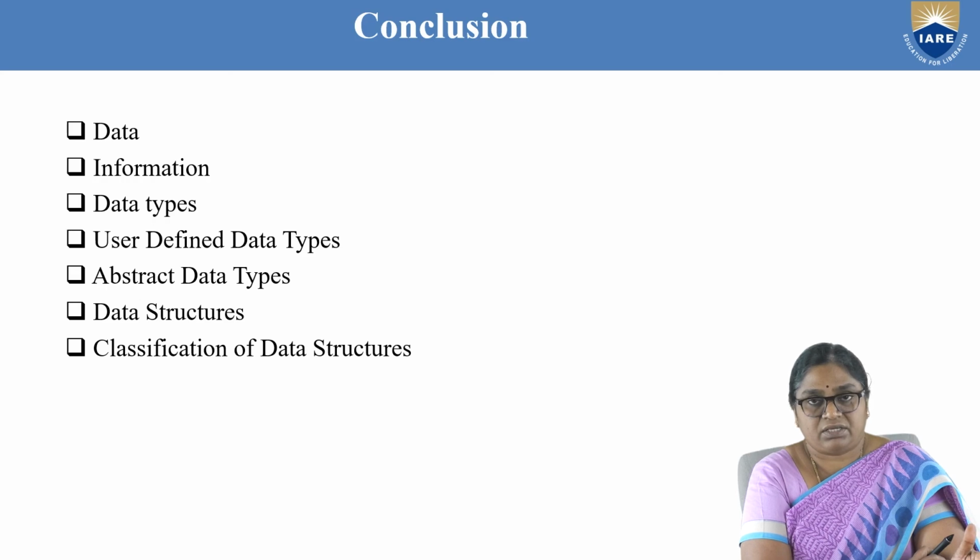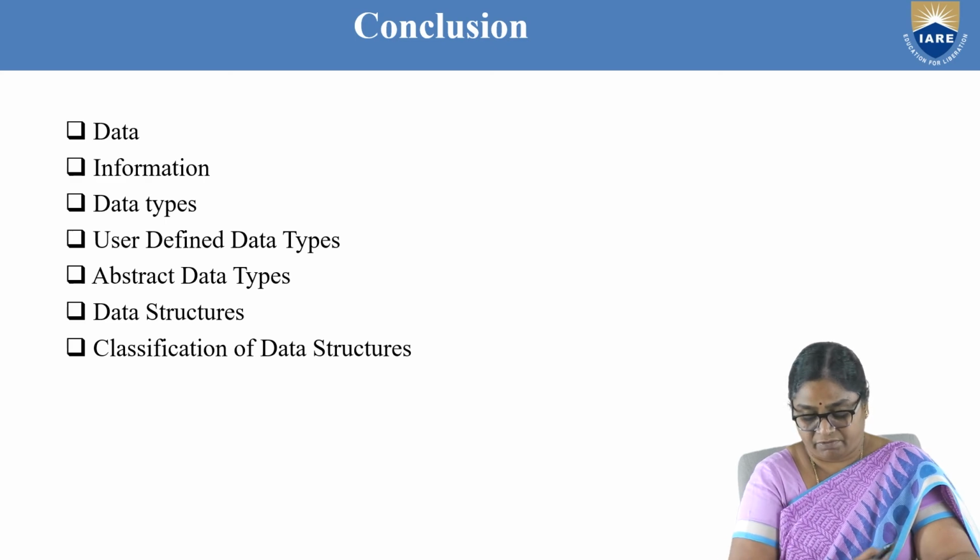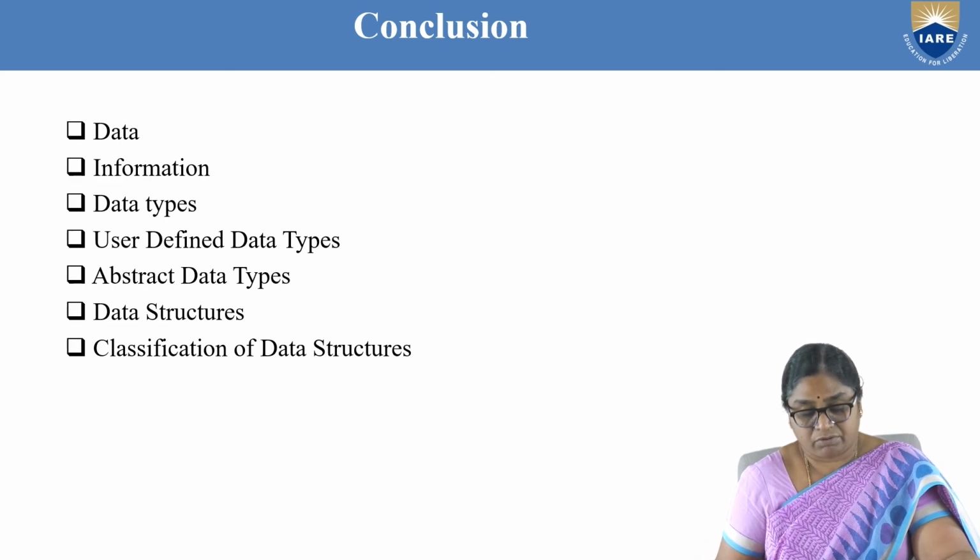Linear data structures are further classified into static and dynamic data structures. For static data structures, examples are arrays. For dynamic data structures, the examples are linked lists, linked stacks, and linked queues. And for non-linear data structures, trees and graphs. With this, I'll conclude the session.